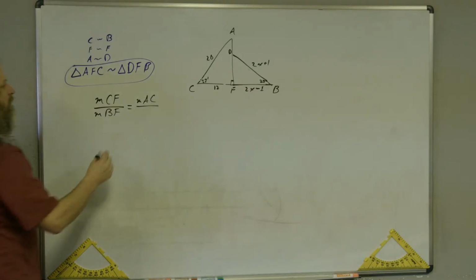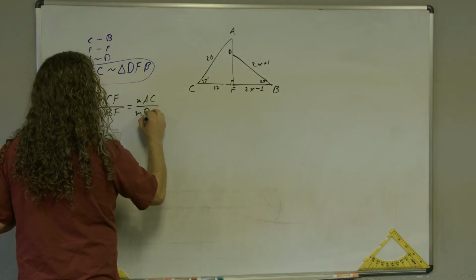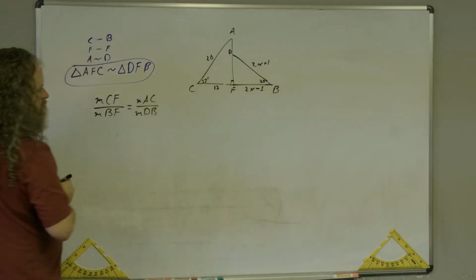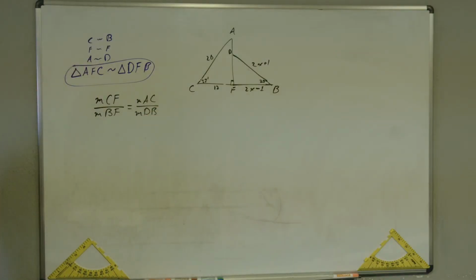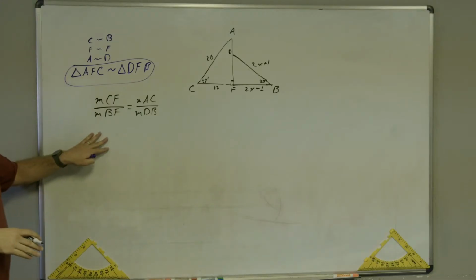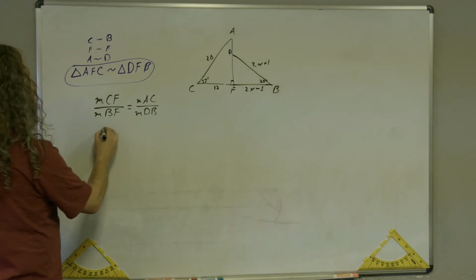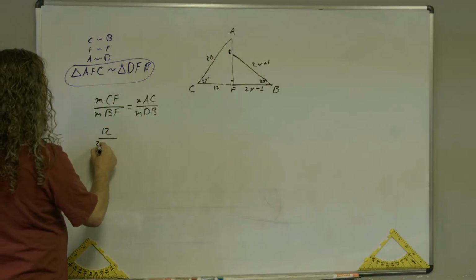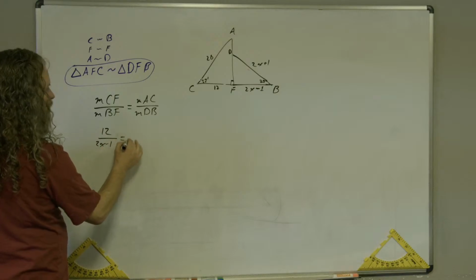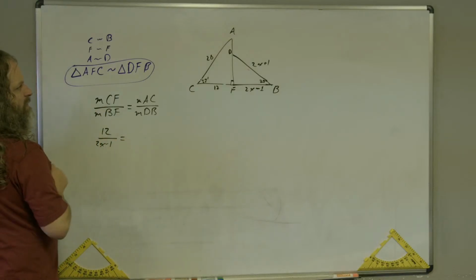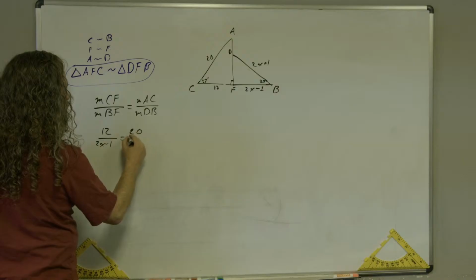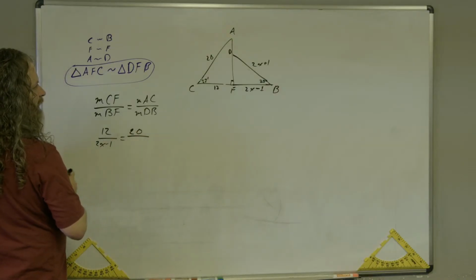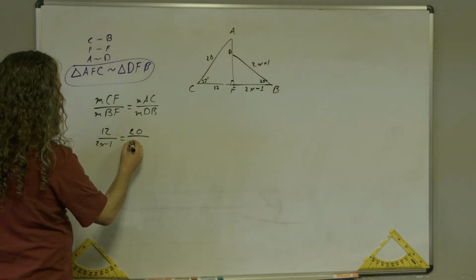DB. And those are all the ones that we know. And so we just need to put in numbers here. So CF is 12. BF is 2x minus 1. And AC is 20. And BD or DB is 2x plus 1.